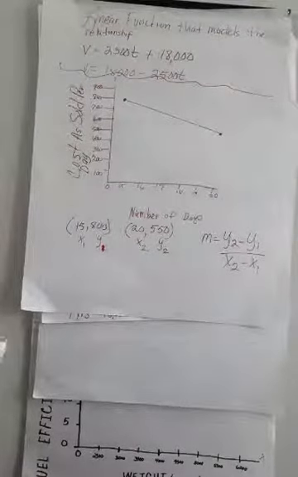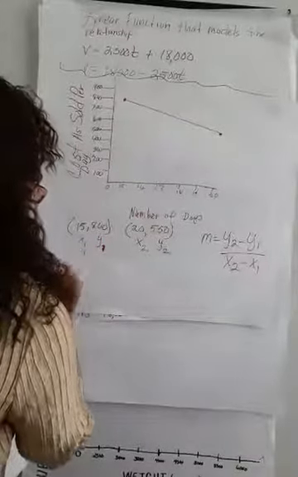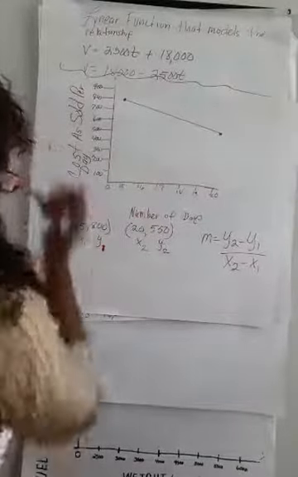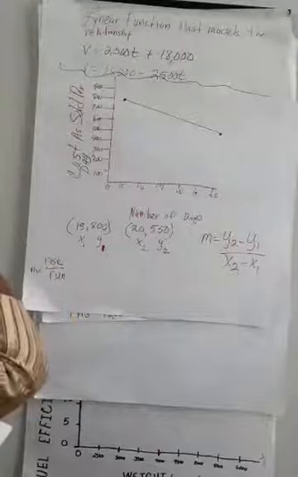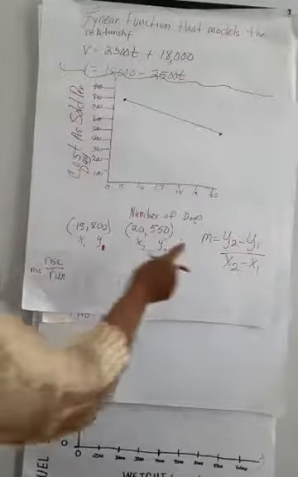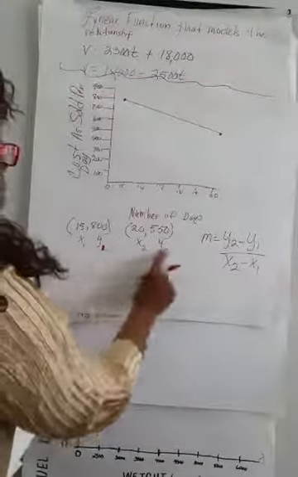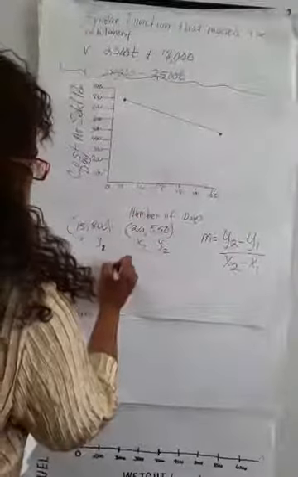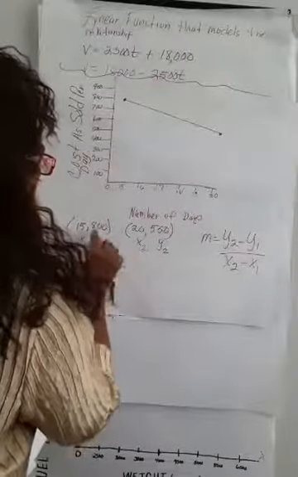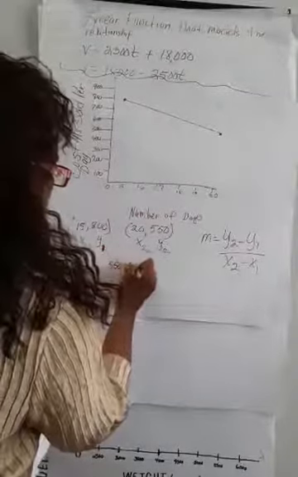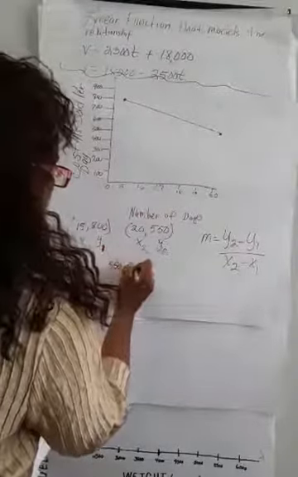Your rise over your run in the slope formula looks like that. So what would you say? y sub 2 would be 550. y sub 1 is going to be 800. And x sub 2 is 20. x sub 1 is 15.